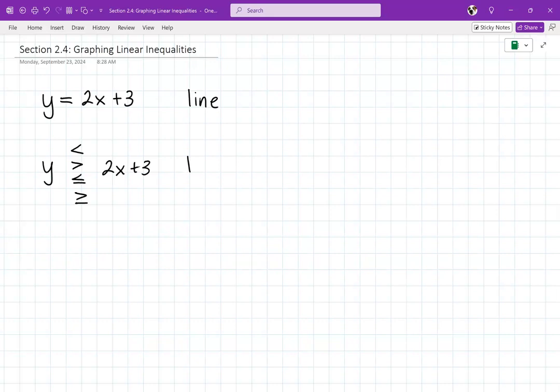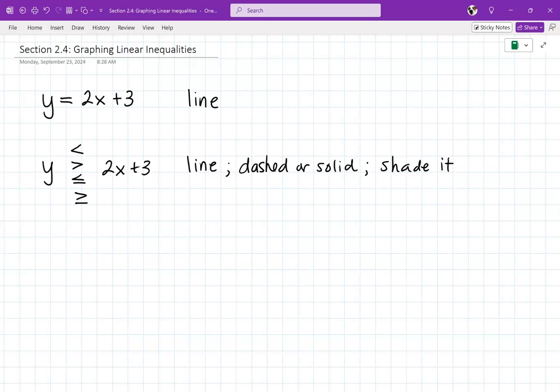This is also a line, but it could be dashed or solid, and then you have to shade it. So there's a lot more that you have to do to these lines, and right now I'll explain all that. But normally graphing an equation is easier because all you do is graph a line.